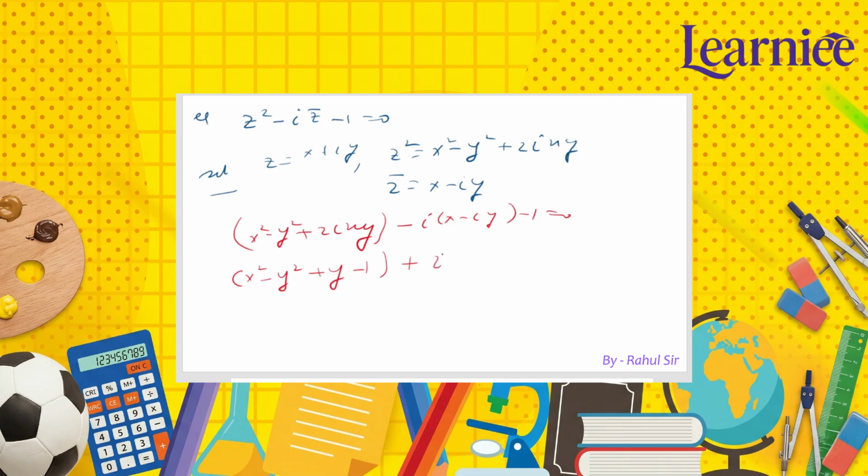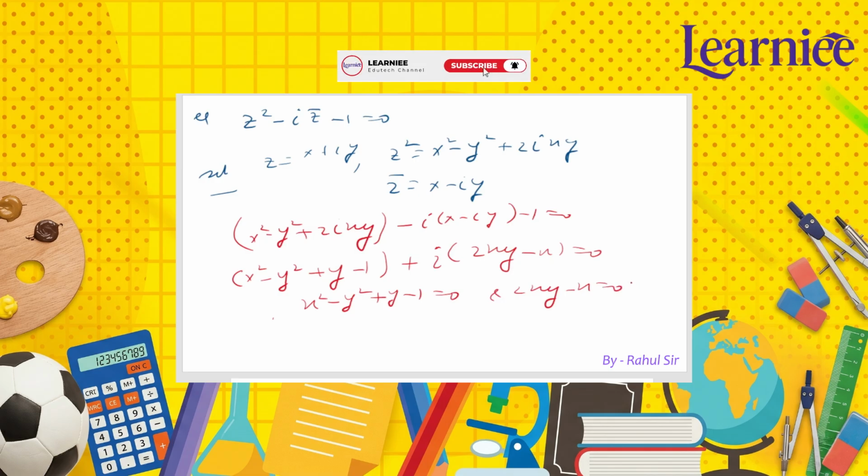The imaginary part is 2xy, and this is minus ix, so minus x is equal to 0. Now we'll compare real and imaginary parts. So we have to solve these two equations: x square minus y square plus y minus 1 is 0, and 2xy minus x is equal to 0.